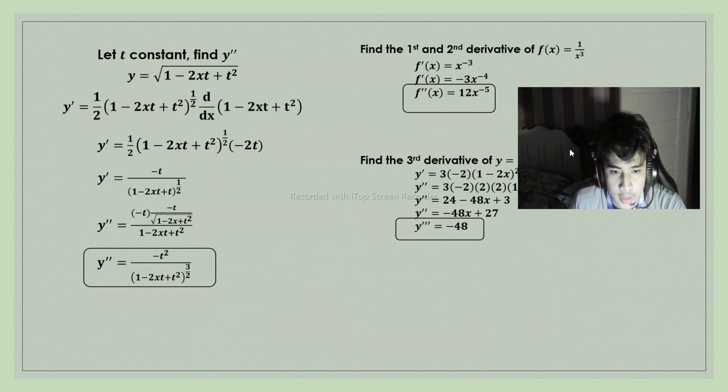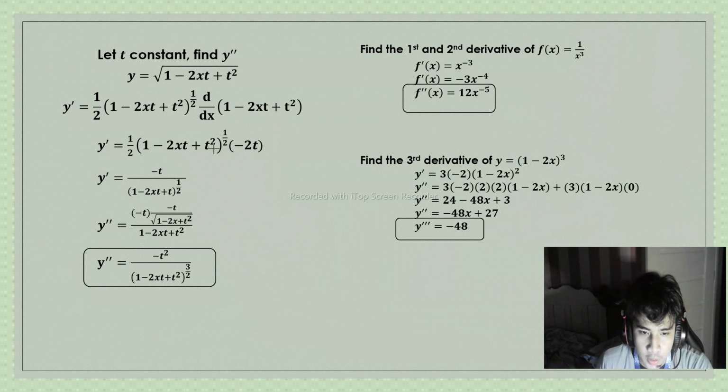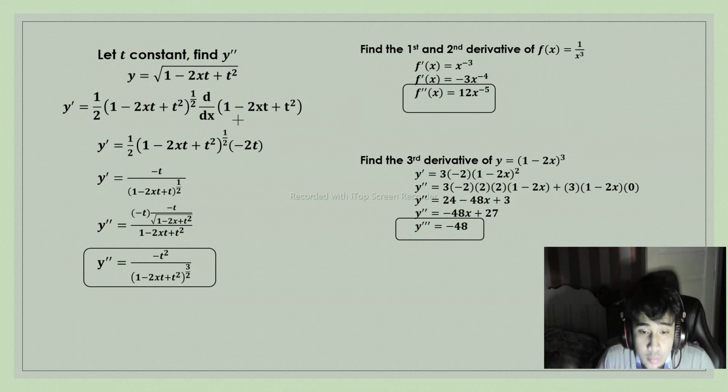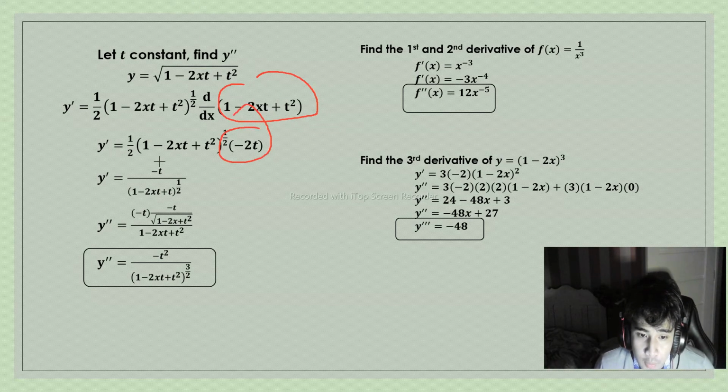Yan, pwede yan. Tapos, yon, ang derivative ulit natin. It will be 1 half quantity 1 minus 2xt plus t squared raised to negative 1 half times the derivative of 1 minus 2xt plus t squared. So, ang derivative nitong part na to ay negative 2t.